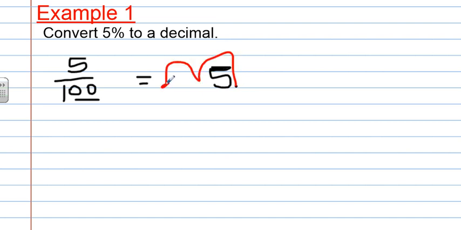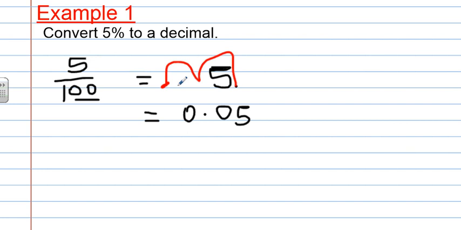So our decimal point is now here. It means the answer is now 0.05. Because if there's a gap here, you fill it in with a 0.